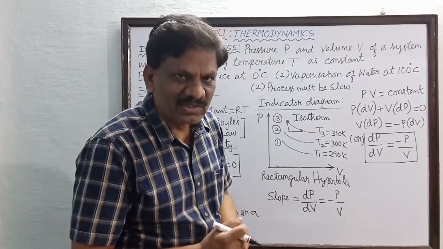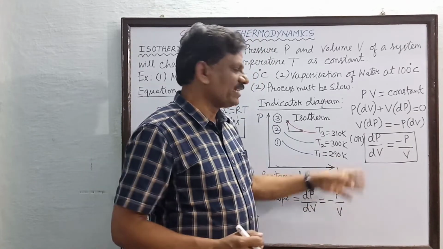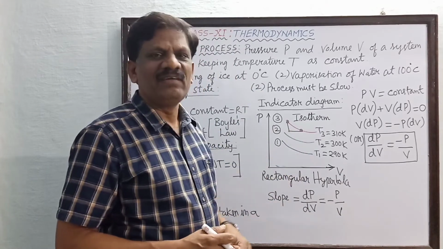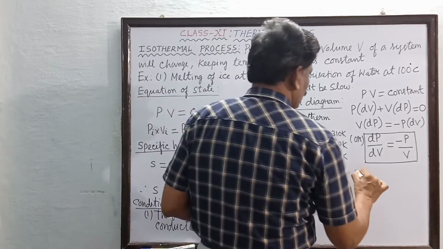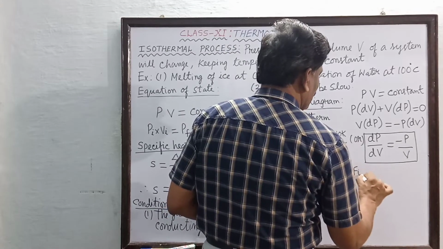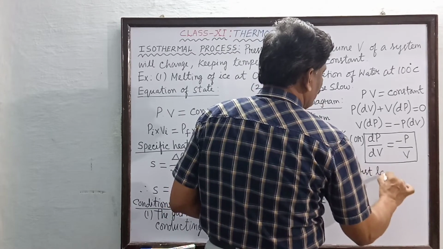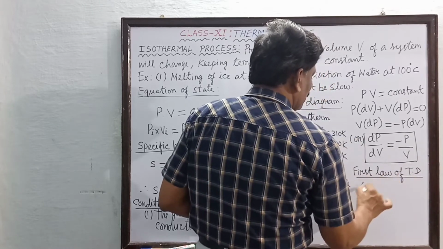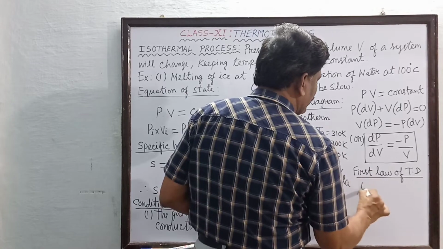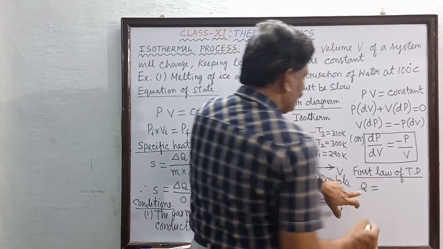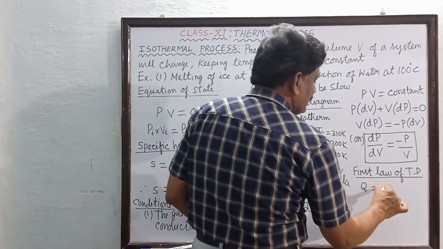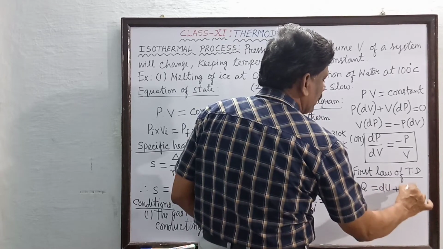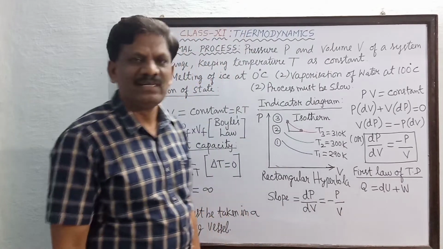Lastly, I am going to write the expression for an isothermal process combined with the first law of thermodynamics. From the first law of thermodynamics, we have studied that the quantity of heat supplied to a system is equal to the sum of the change in internal energy and the work done by the system, is it not?